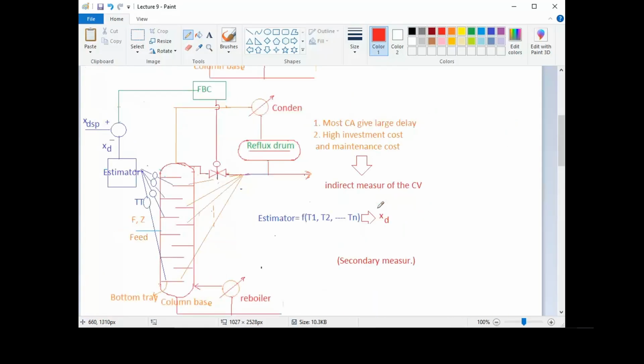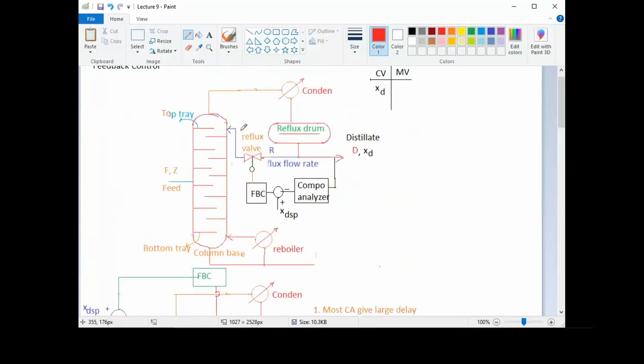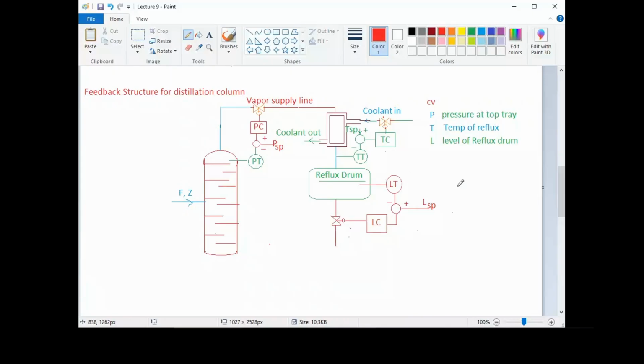You can see here. So some part we will take out as a product D, and some part we will recycle back with flow rate R. Okay, that was reflux. This was recycling back.